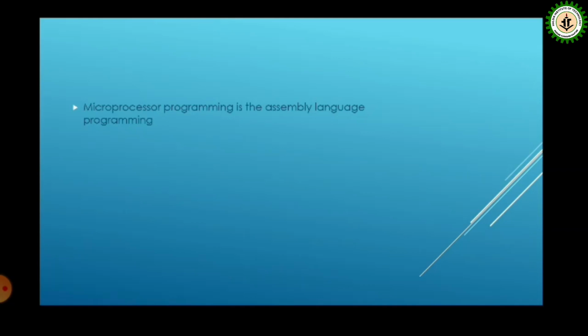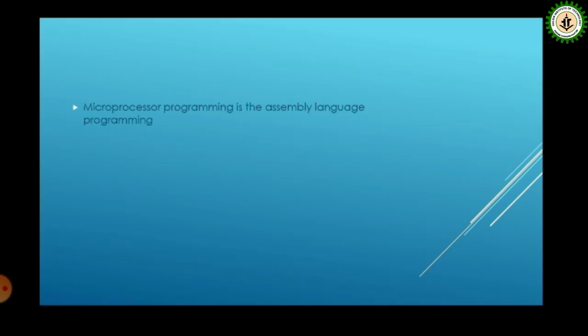Different types of microprocessor have their own assembly language programming. That is, 8085 has its own assembly language programming. 8086 has its own assembly language programming.